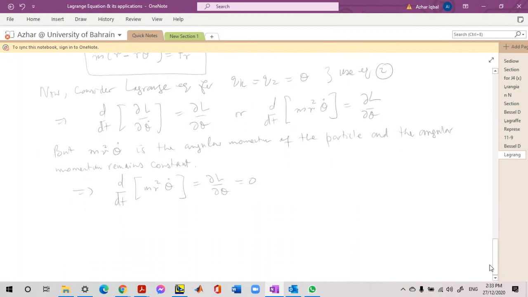This quantity we have obtained from above as partial L over partial theta dot.